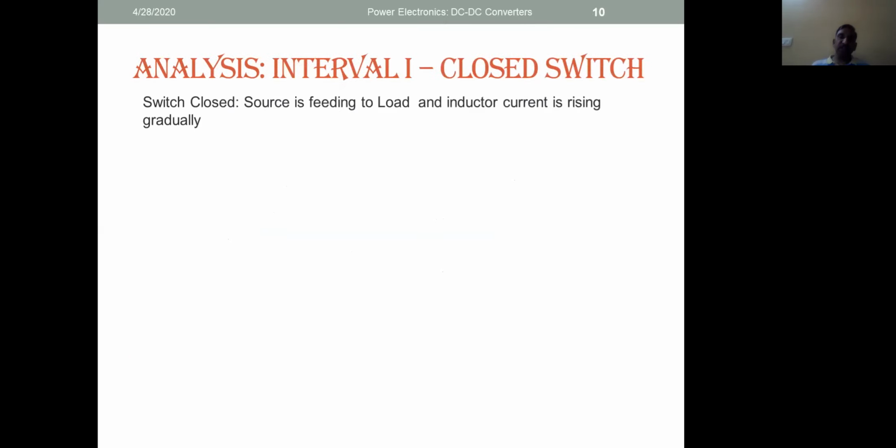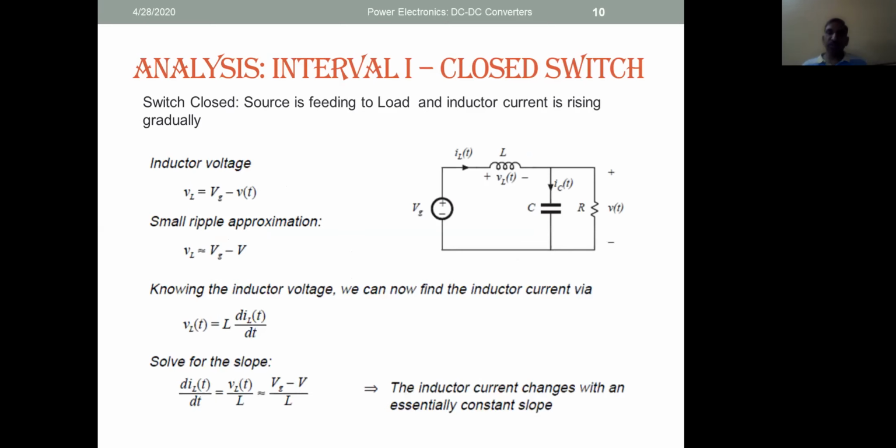Now let us analyze it for both the intervals, during switch closed and during switch open. If I am considering the closed switch, my equivalent circuit for the realization comes to Vs, VL, IC, meaning this is the LC filter part and the load.